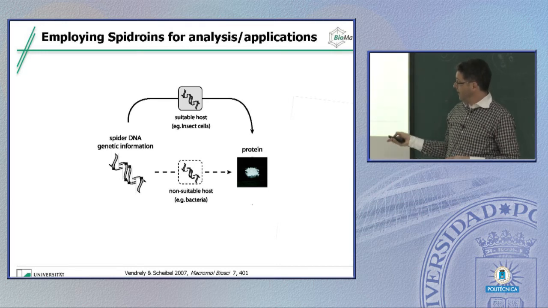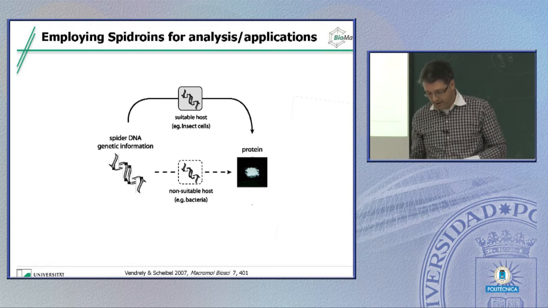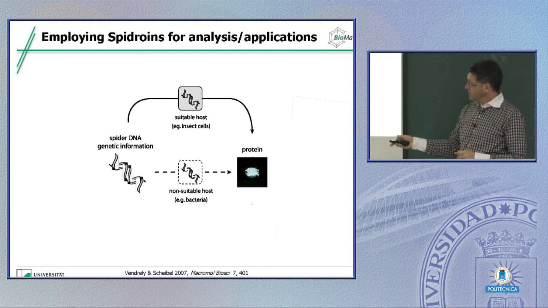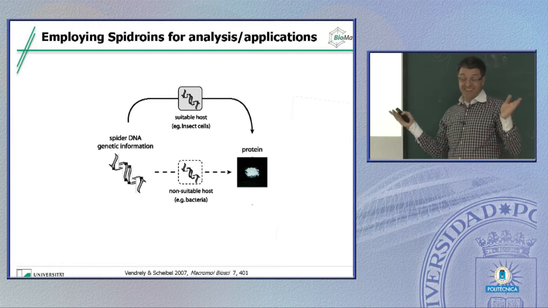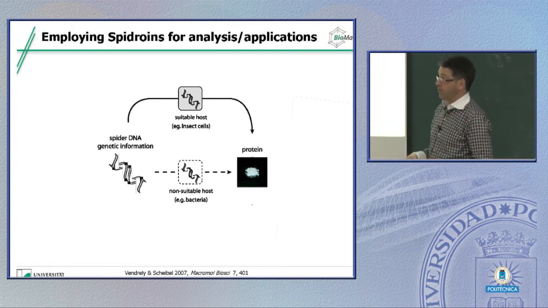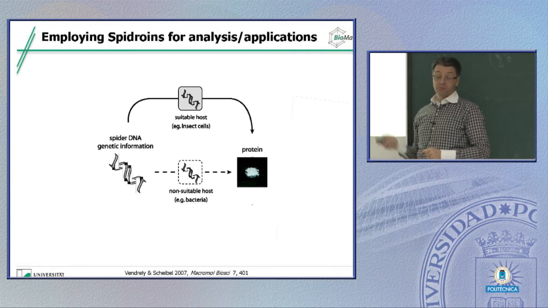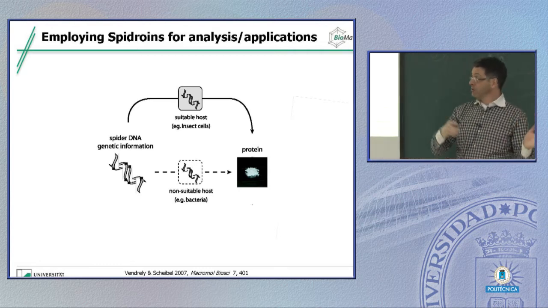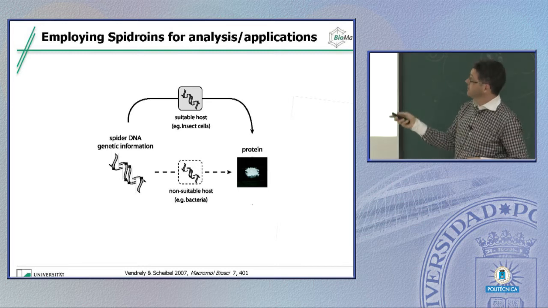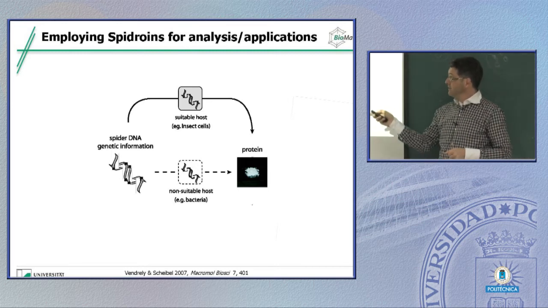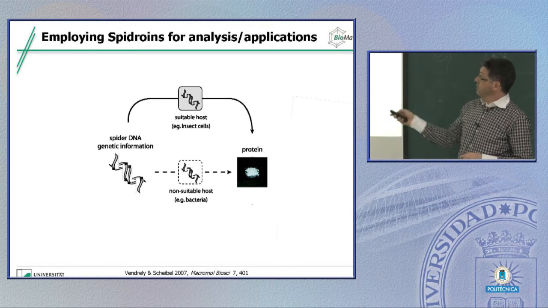So if you would like to get more details, you can check this literature here where we published that. So you can use insect cell lines from butterflies, and they're a suitable host because butterflies have a codon usage that's quite similar to spiders, and you can produce silk proteins nicely in insect cell lines. But as I said, not in bacteria. So this would be one route.